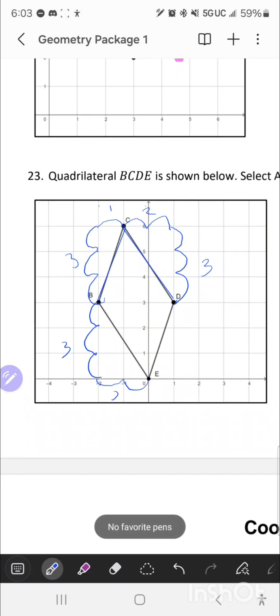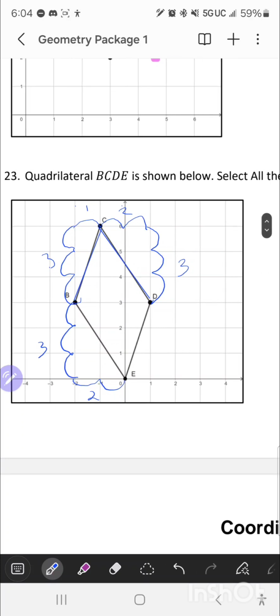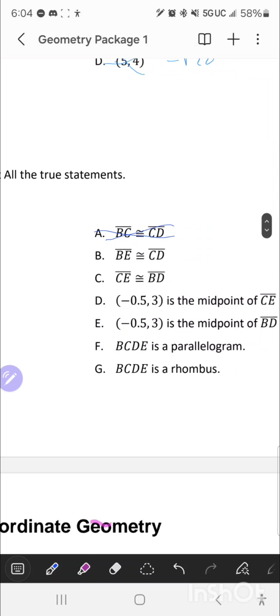They have three in one side and one in the other, three in the y direction and two in the x direction. So without calculating the distance, which is always recommended if you don't know how to do it, just check my last video or come to Discord and ask me. I always post the link in the description. We can conclude that they are congruent since they have the exact same dimensions. So yes, B is true.